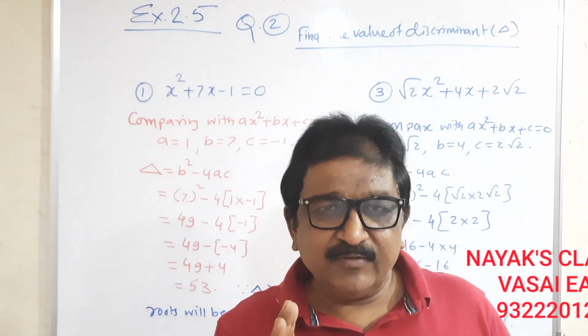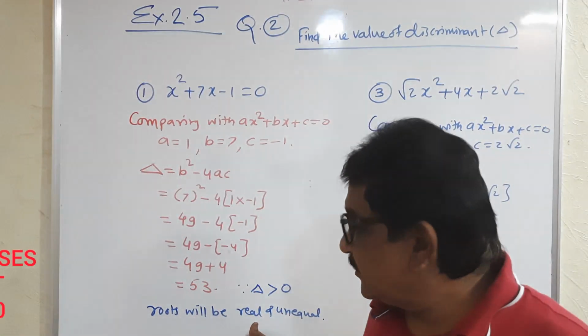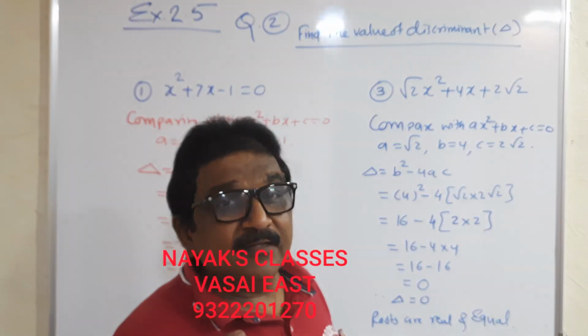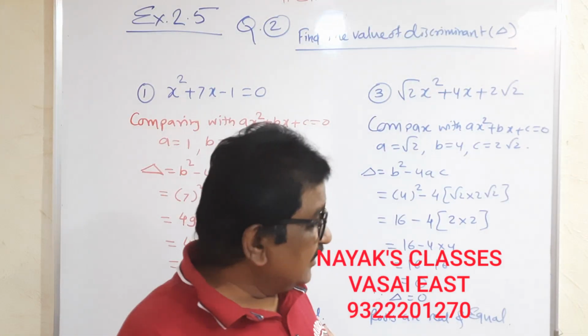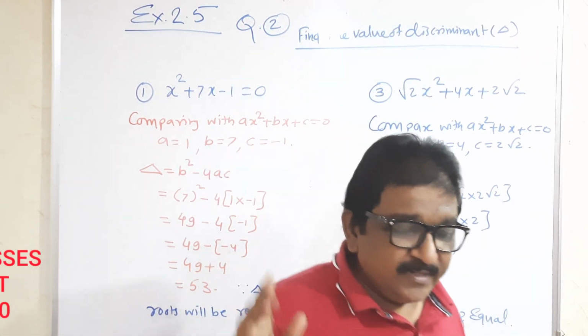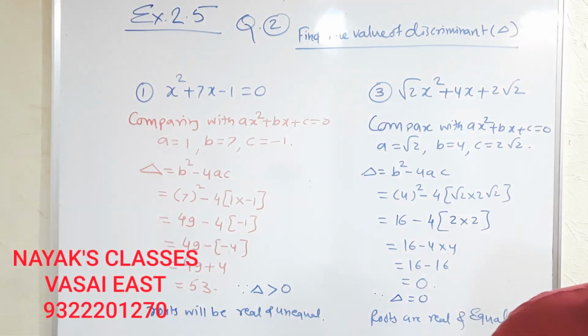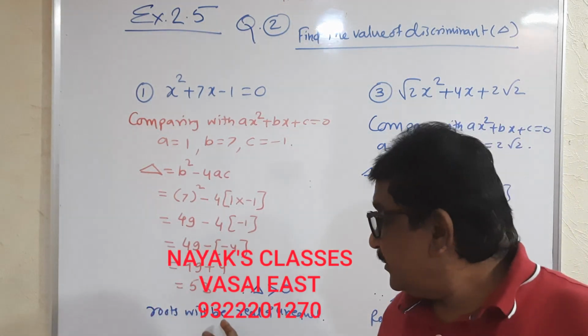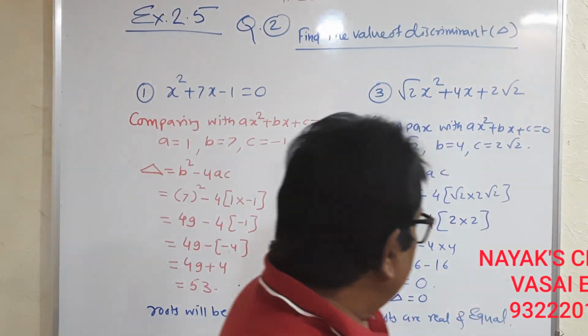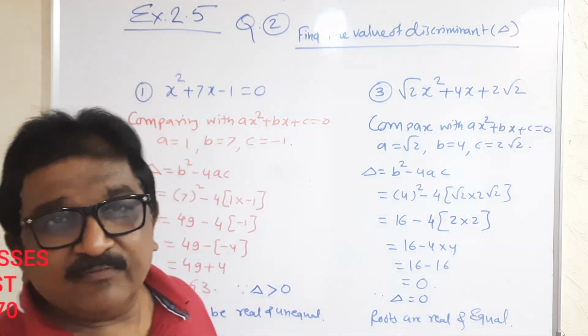If it is positive, write the result. If it is negative, write the result. And if it is 0, write the result. That's all. Correct? Negative, not real. Positive, real and unequal. And if it is 0, real and equal.